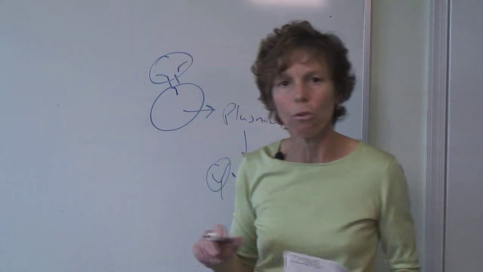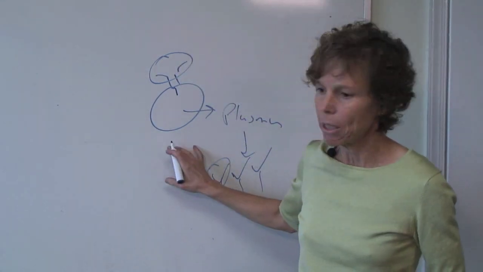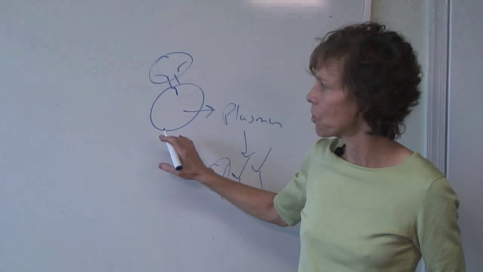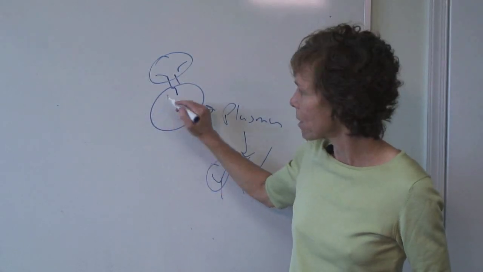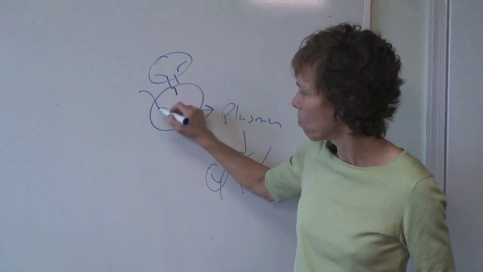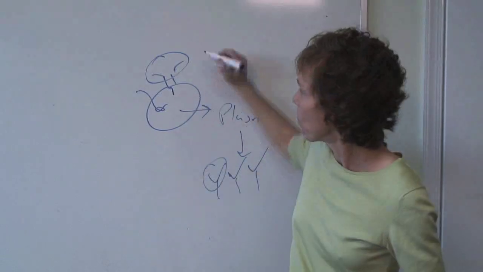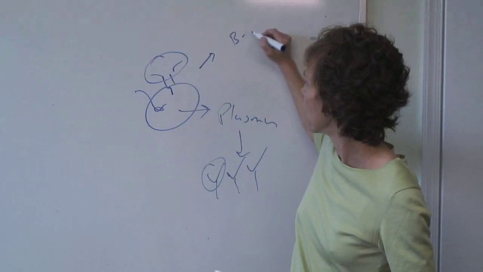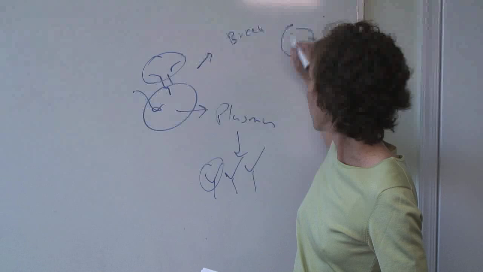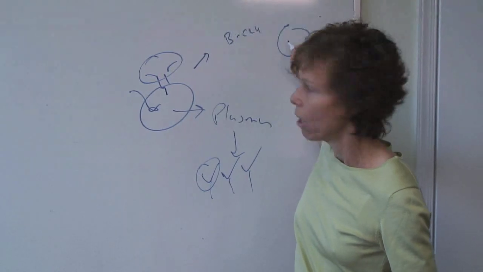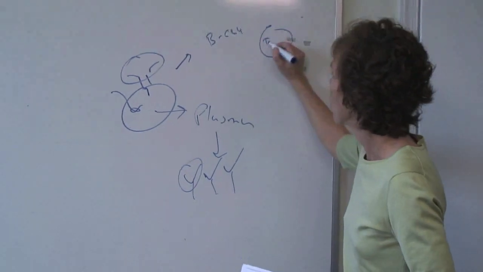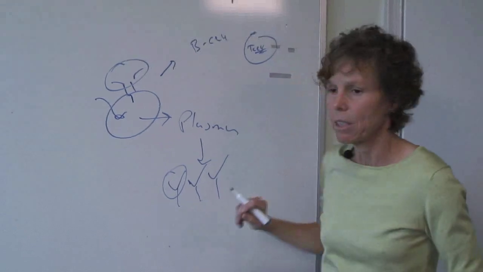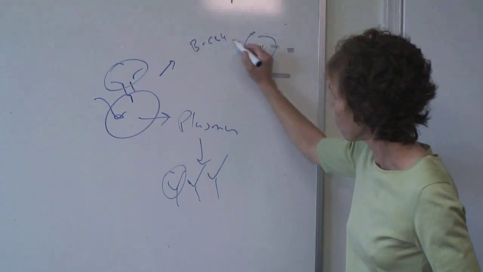That's the relationship. If you have a B cell that encounters an antigen and processes it, remember, the B cell can then present to a T cell, and we'll go into more of that in another section in terms of antigen presentation to the T cell.